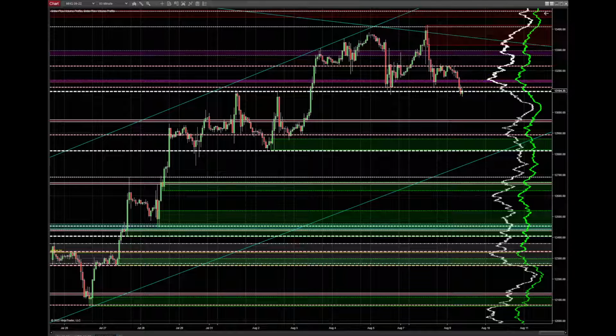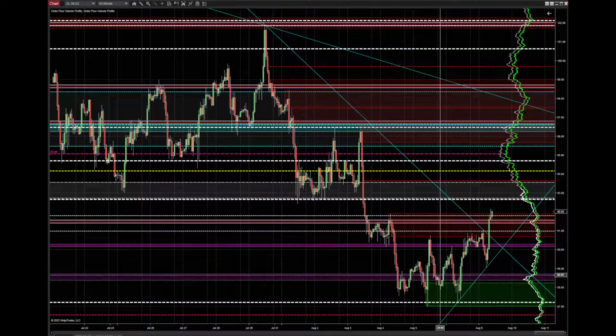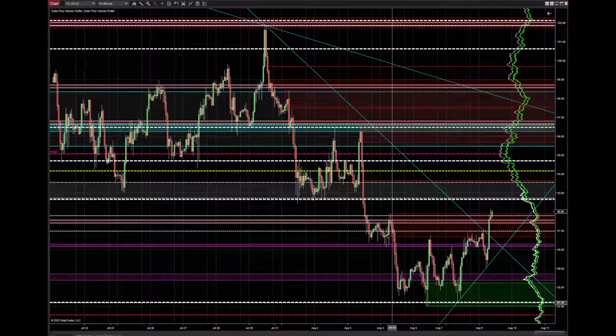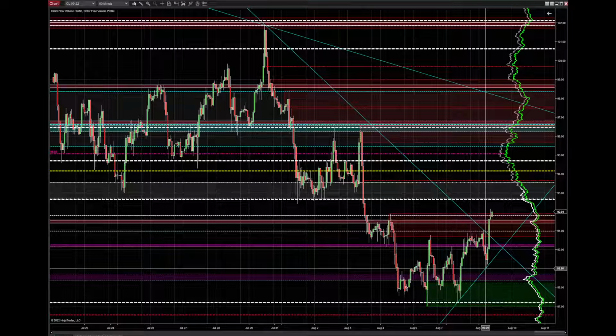So the next chart I want to show you guys is just crude because I trade crude every day. Crude's about to open. Just to show you crude, crude has caught a bid here from 87.23, this level. It can't get any lower. It was bound to happen.